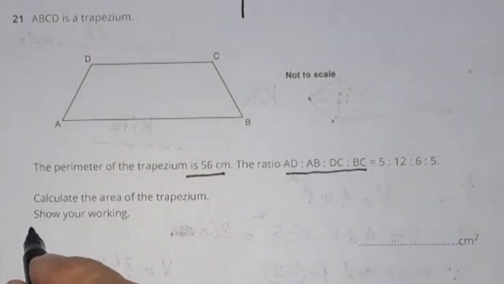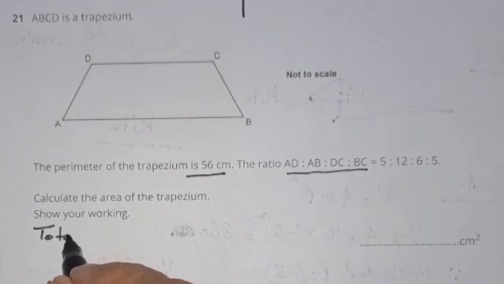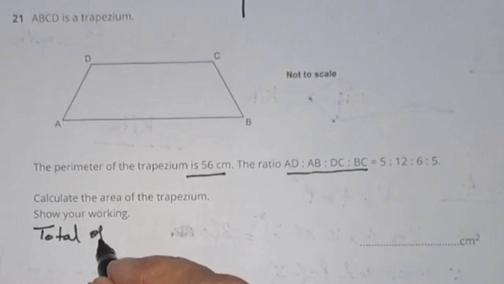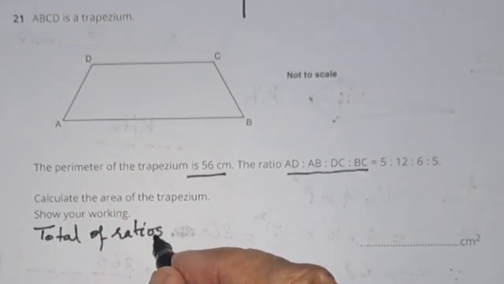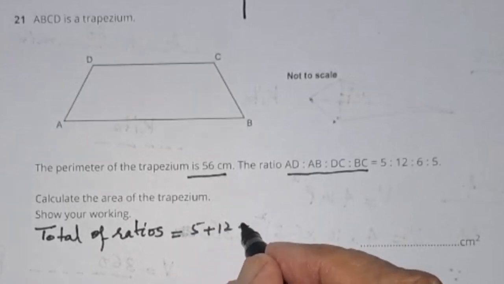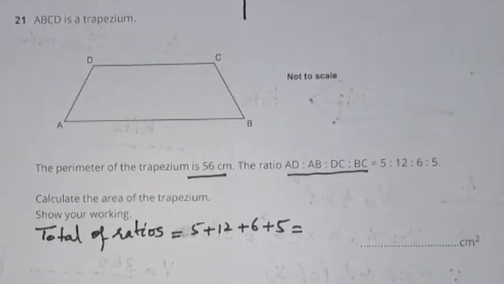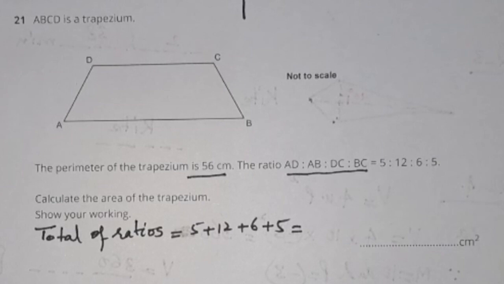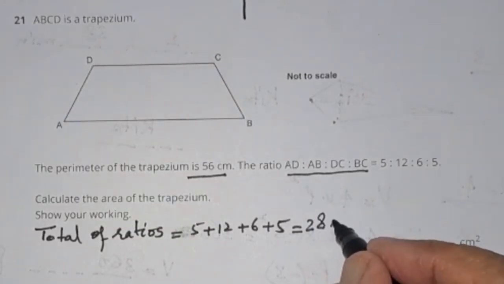So first of all we find out the total of ratios, which is equal to 5 plus 12 plus 6 plus 5, and when we work it out it is equal to 28 units. Okay, 28 units.